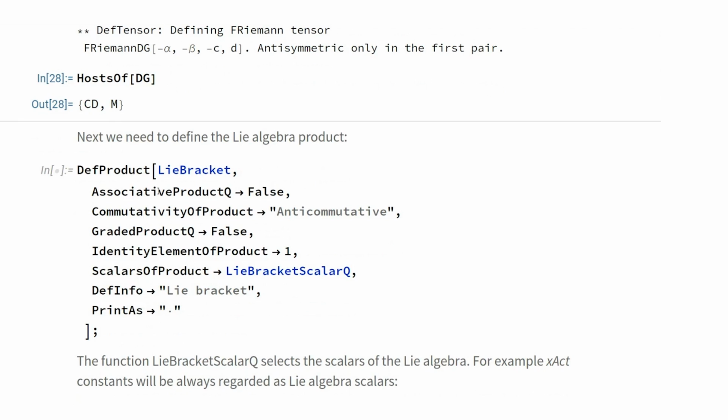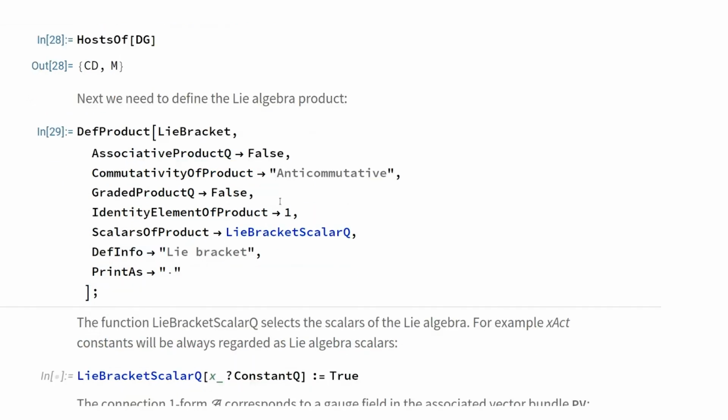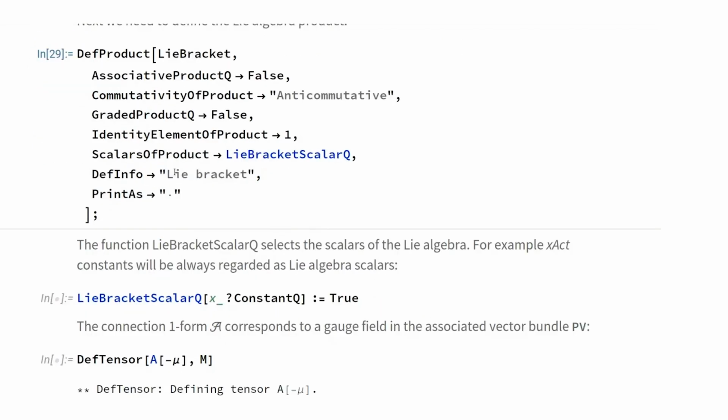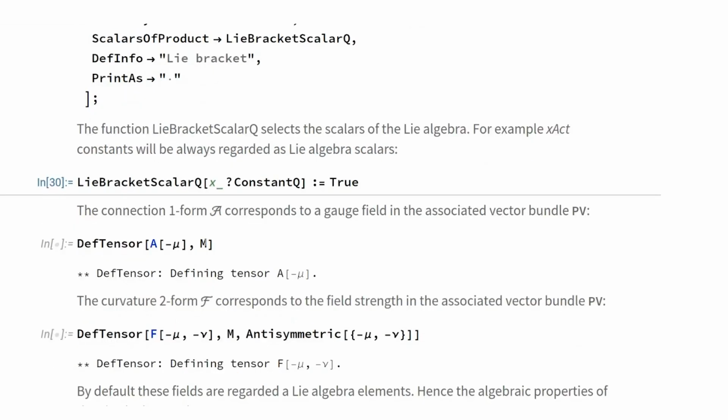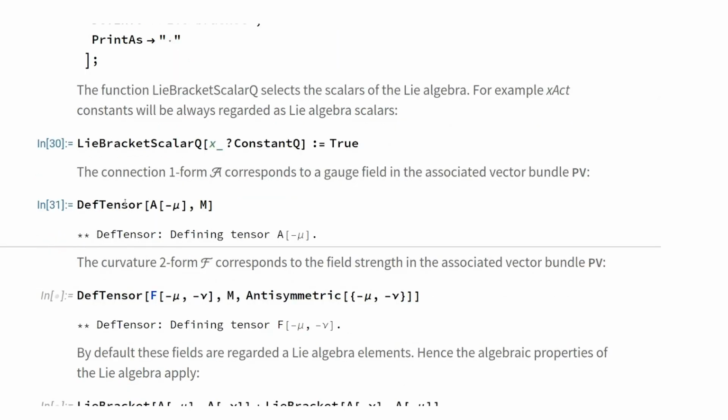Now I need to introduce a product that is going to represent the Lie bracket that we need for the Lie algebra. As Cyril already explained how this works, I need to specify the constants of this product, and also the correspondence between the connection one form in the principal bundle and some field defined in the associated vector bundle.